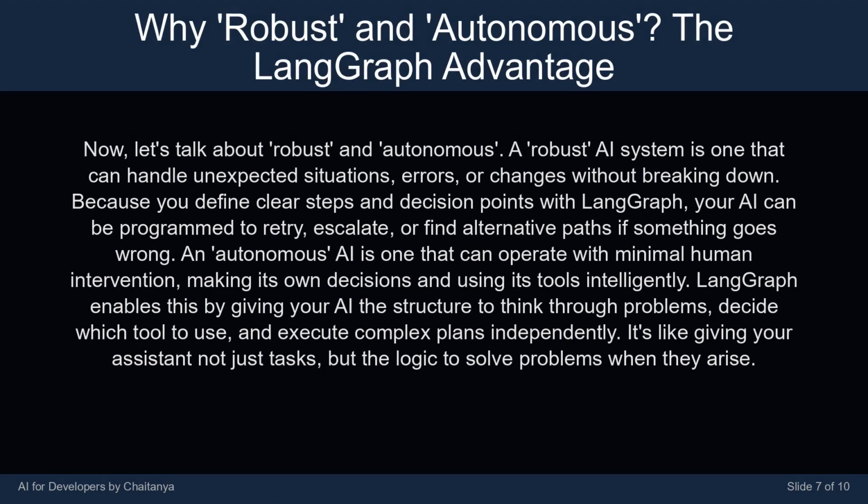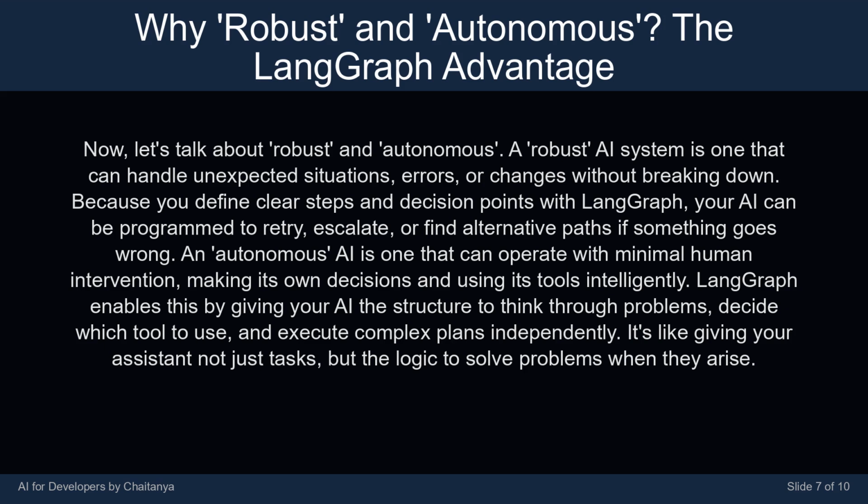Now, let's talk about robust and autonomous. A robust AI system is one that can handle unexpected situations, errors, or changes without breaking down. Because you define clear steps and decision points with LangGraph, your AI can be programmed to retry, escalate, or find alternative paths if something goes wrong.